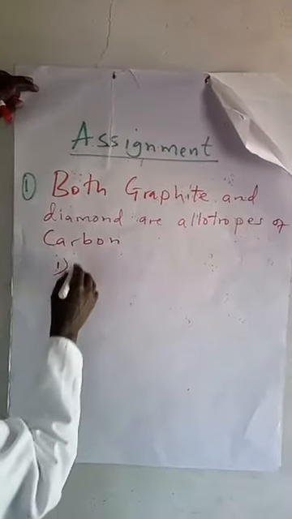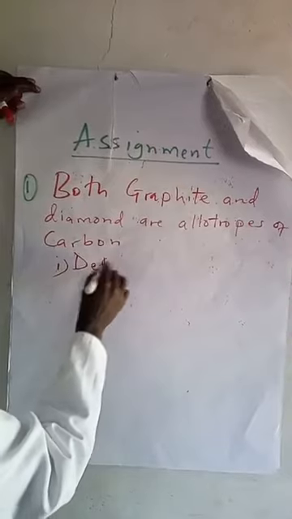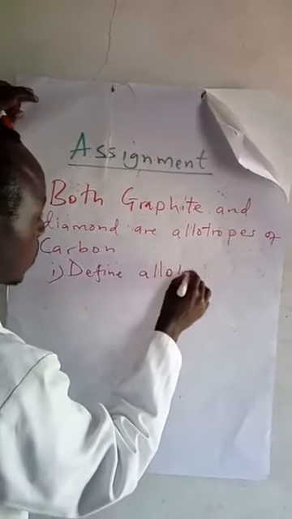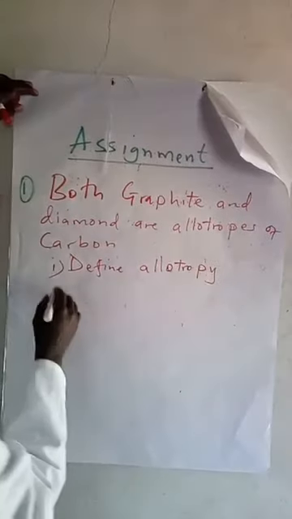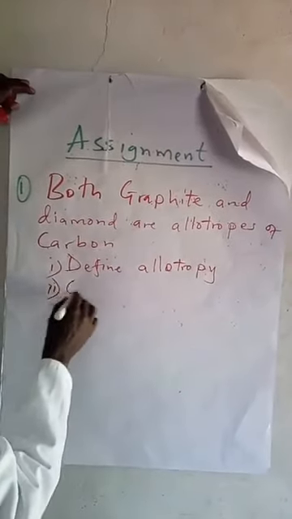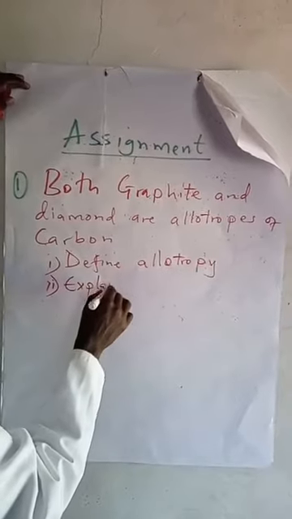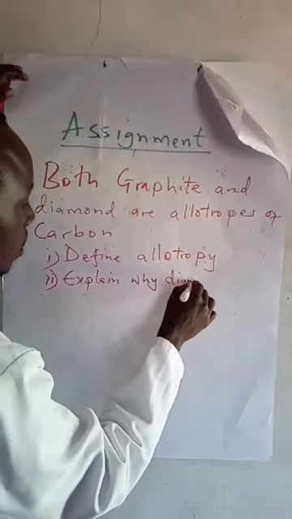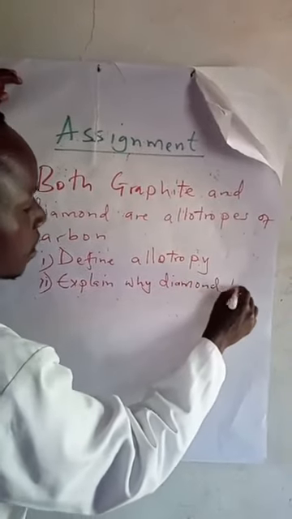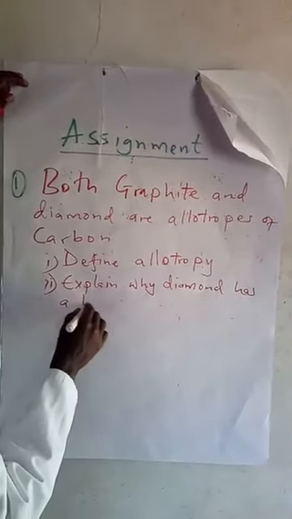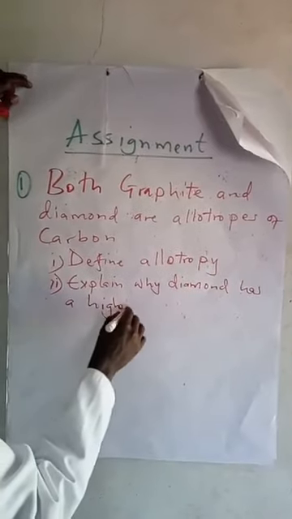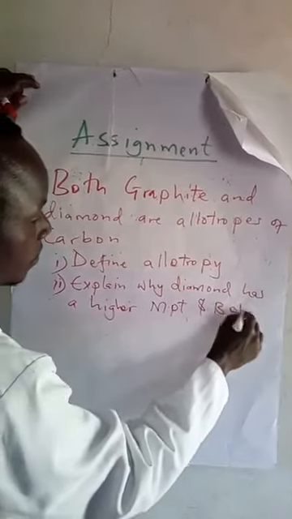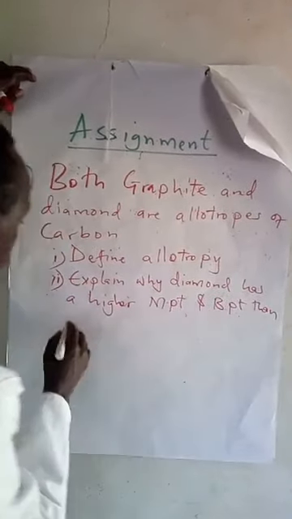The first question, define allotropy. And 2, explain why diamond has a higher melting and boiling point than graphite.